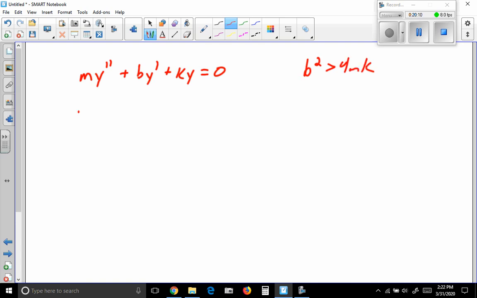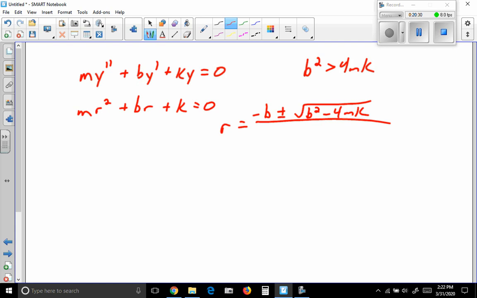So when we write our characteristic equation or our auxiliary equation, again, the solutions come from the quadratic formula, so opposite of b plus or minus the square root of b squared minus 4 times m times k, all of that over 2m. So if b squared is bigger than 4mk, then underneath the radical will be positive. And if underneath that is positive, then we don't have imaginary solutions. We only have real solutions.